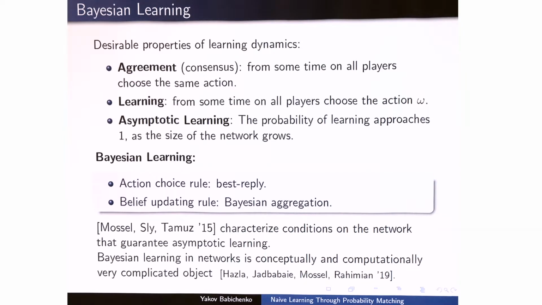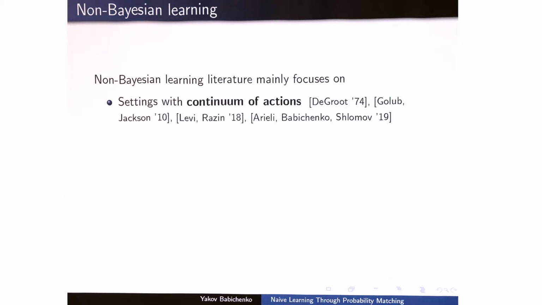It is PSPACE-hard in very natural settings to apply Bayesian learning. This motivates the question of non-Bayesian learning. So can players learn by applying some simple heuristic?